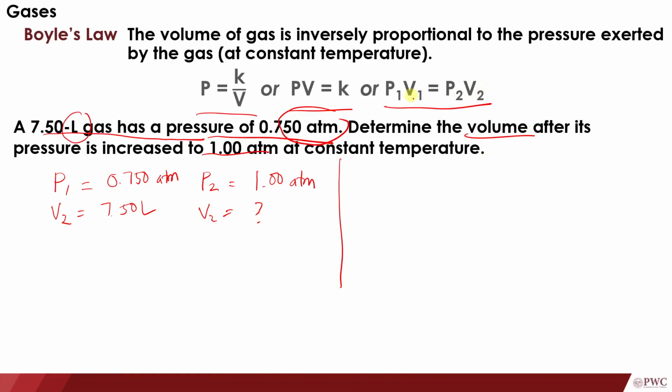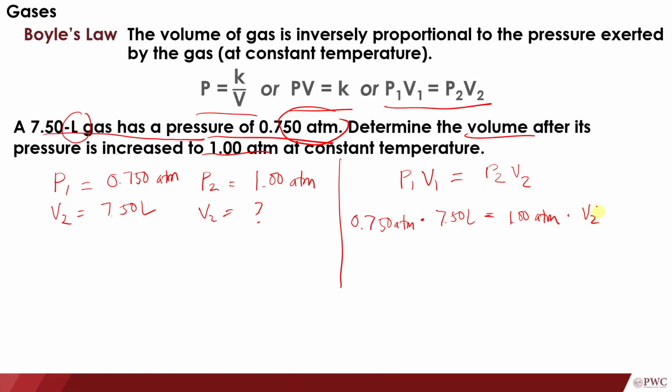Again, we're going to use this formula. So copy this equation. P1 times V1 is equal to P2 times V2. So we're going to substitute the givens on this equation. Our P1 is equal to 0.750 atmospheres, times our V1 is equal to 7.50 liters, is equal to our P2 is equal to 1 atmosphere, and then we're looking for the V2.